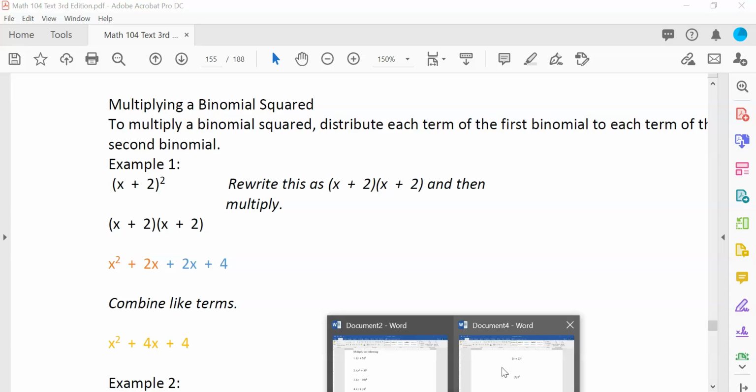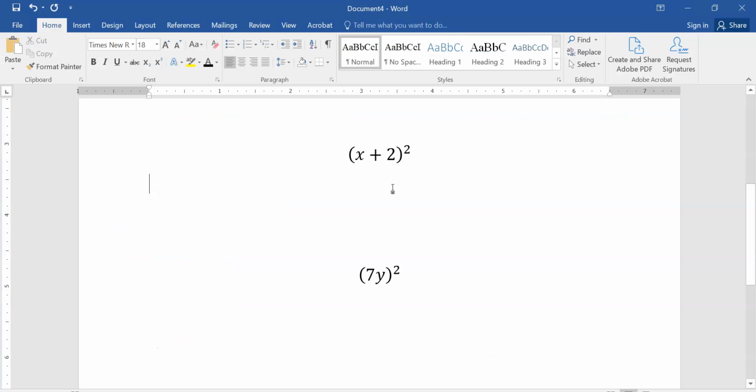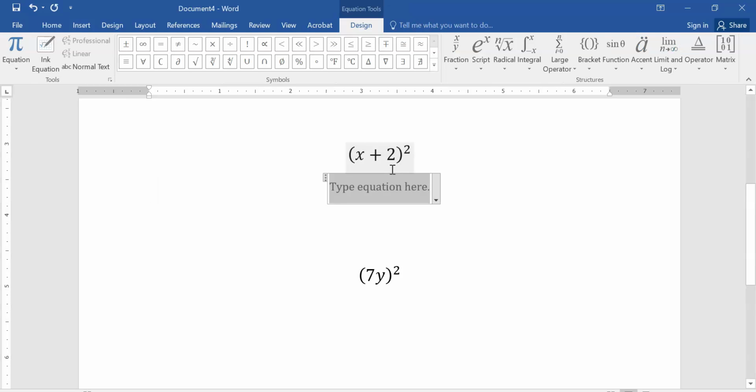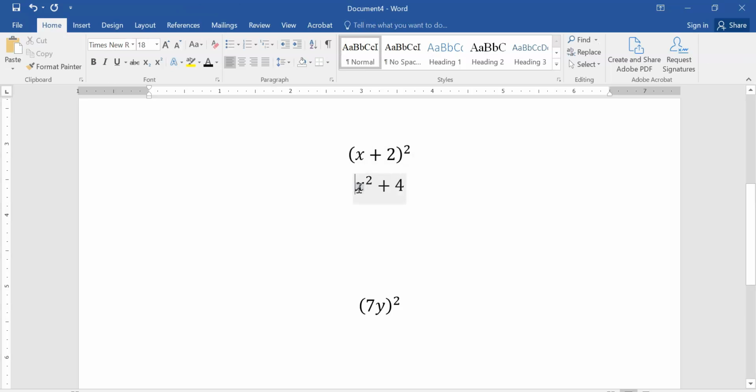Now, why people get this mistaken is because a lot of people want to just distribute the squared into both terms. And this causes a lot of people to write their answer as x squared plus 4. They square the x to get x squared, square the 2 to get 4, and then they get it wrong.